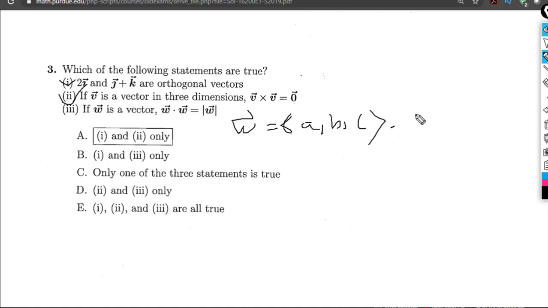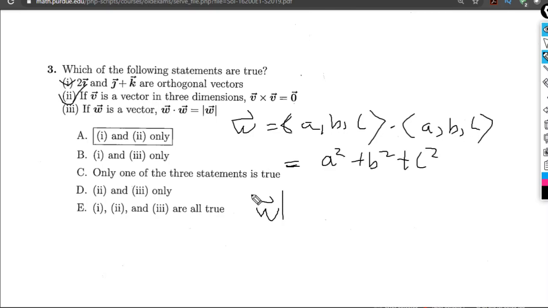And when we dot them, a, b, and c, it would equal a squared plus b squared plus c squared. And we can see if that equals the length of w. So the length of w would be the square root of a squared plus b squared plus c squared.